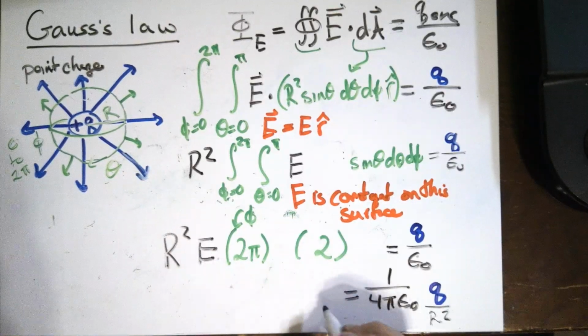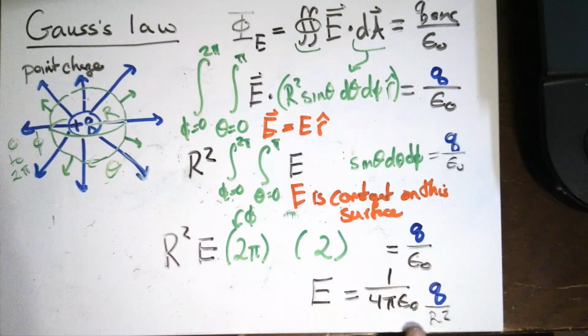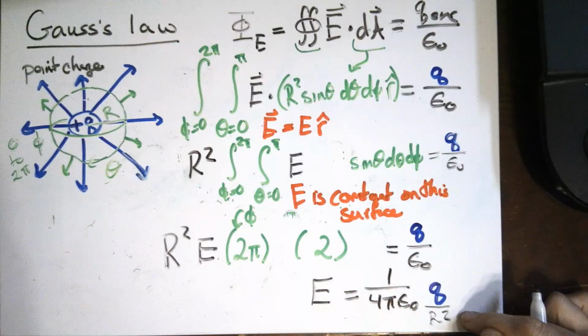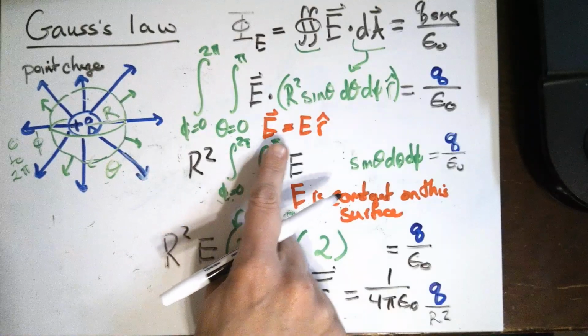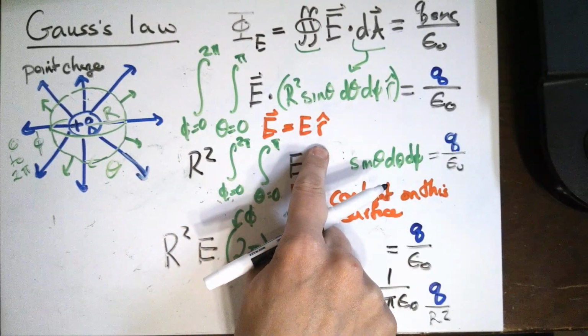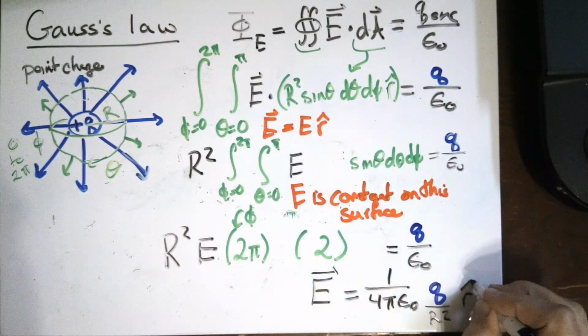And we're left with E. Okay, so that should look pretty familiar. 4 pi epsilon naught, the charge q, over r squared. But of course, the electric field is a vector, but we already admitted that we knew the electric field just went in the r hat direction. So the direction of this is r hat.